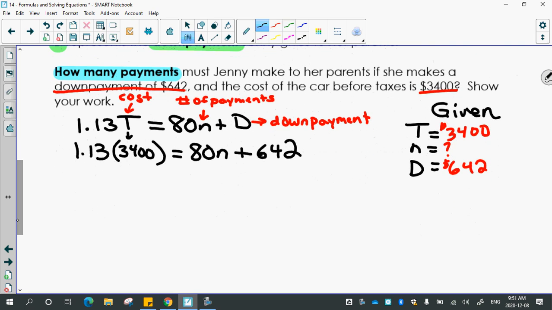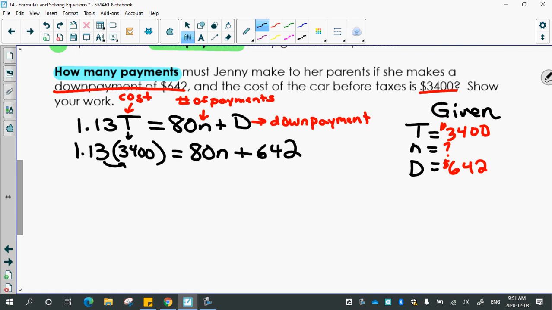We're almost ready to start solving, but it would be nicer if we actually multiplied the 1.13 times the 3,400. So I get my calculator out. So I just put one number on that side instead of a product.